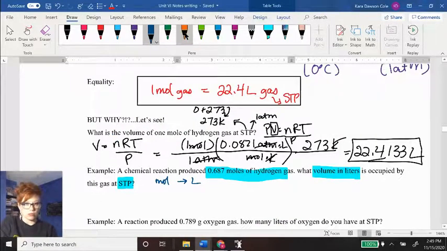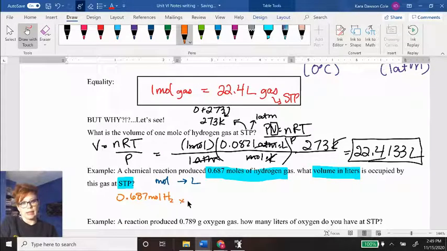So my setup for this, I start with what I'm given. I'm given 0.687 moles of H2. I know that for 1 mole of H2 at standard temperature pressure, I have 22.4 liters of H2.